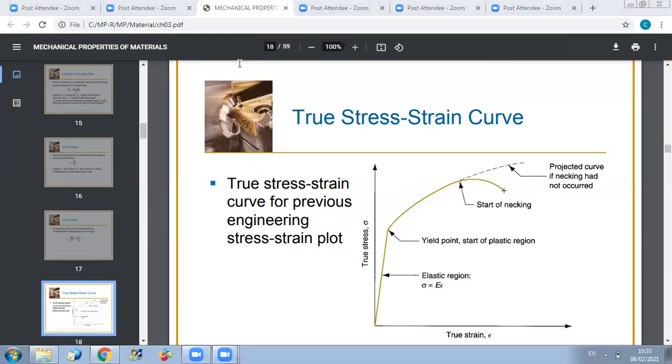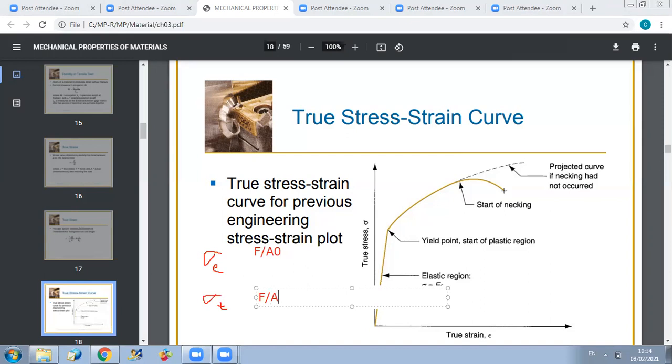Sigma engineering is defined as F over A0, while sigma true is F over the actual area. So if I just take the ratio of these two, which one will be higher, the true stress or the engineering stress?